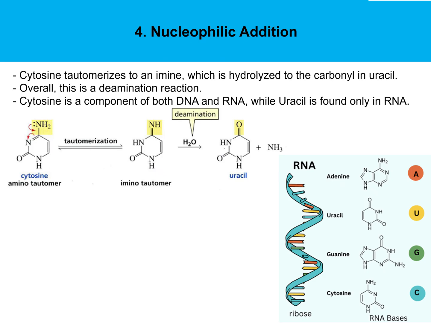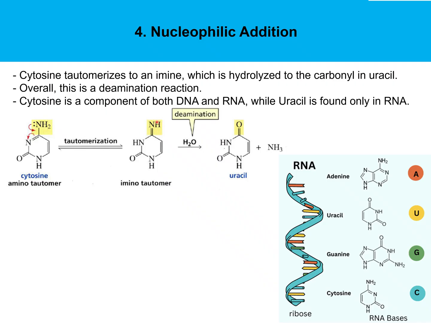Nucleic acid bases cytosine and uracil can be interconverted through a tautomerization followed by a deamination reaction. Starting with cytosine, we can convert this amino group into an imine through a tautomerization reaction. Notice the double bond shifts from being in between this carbon and nitrogen to being in the other carbon and nitrogen in the imino tautomer.